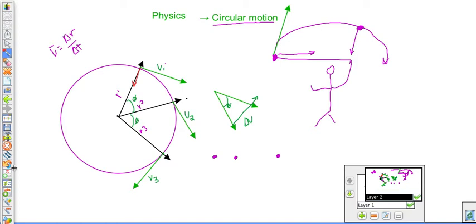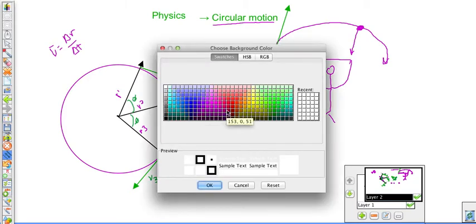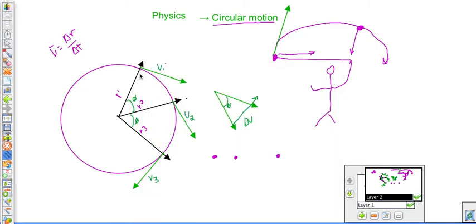Actually, let me draw that in a different color, I'm going to go red. So if I draw that, you're going to see that it does this, because it's at a right angle from those velocity vectors. And so what are those?